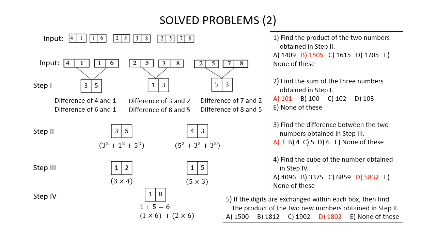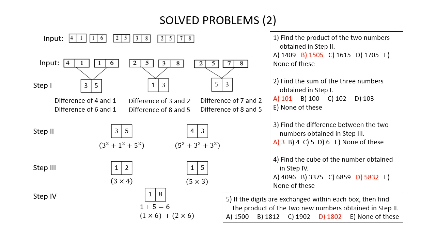Now, according to the pattern, we know that the difference between the first digits of the first and second input numbers gives the first digit of the first number of step 1, and the difference of the second digits of the first and second input numbers gives the second digit of the first number of step 1. This means 4 minus 1 is 3, 6 minus 1 is 5, and 35 is the first number in step 1.